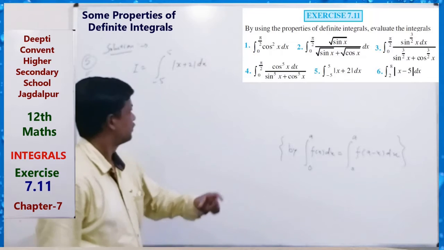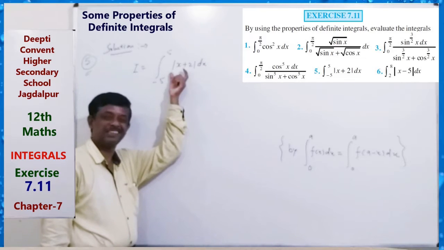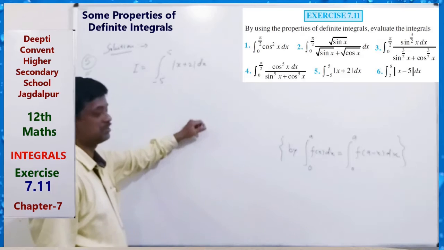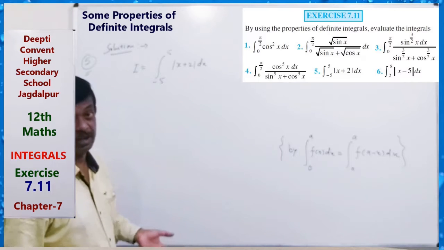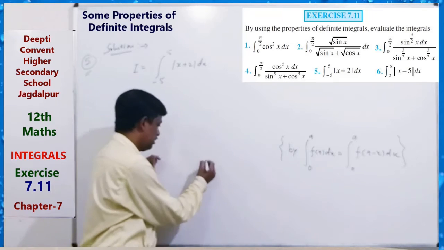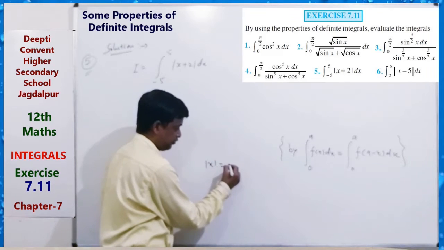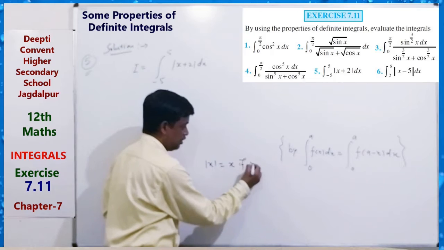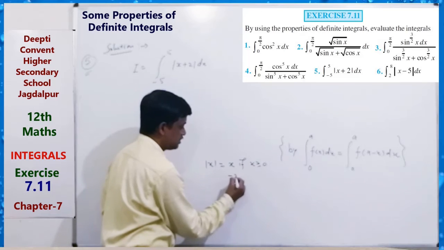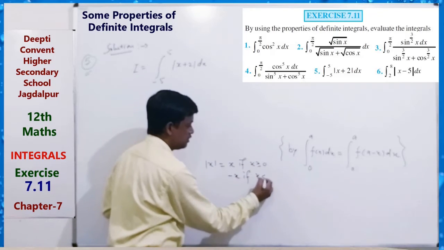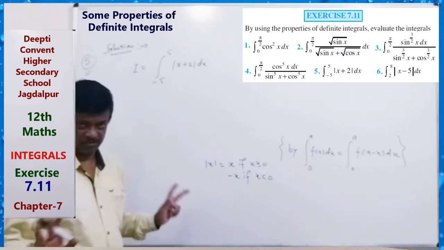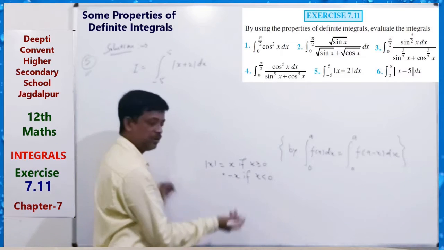So remember, whenever we get mod as the integrand, we have to first remove the mod. How can we remove the mod? We know the definition of mod: it equals x if x is greater than or equal to 0, and minus x if x is less than 0. We know this is the definition of mod.